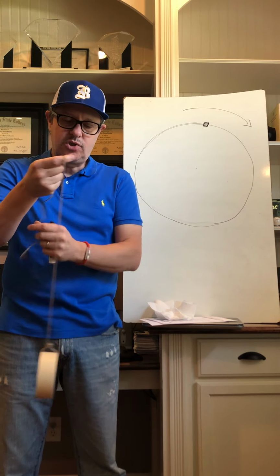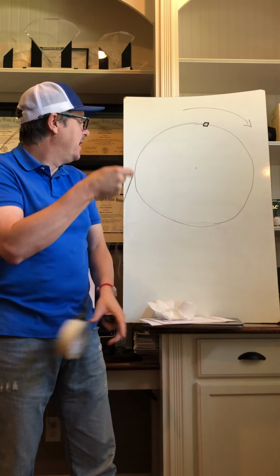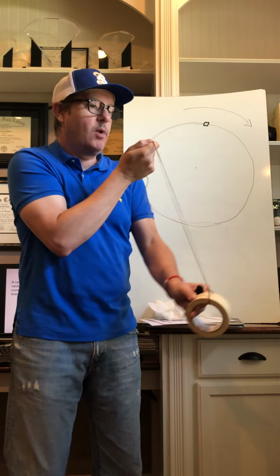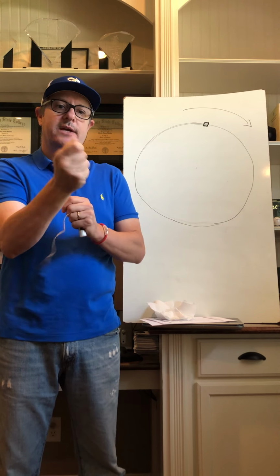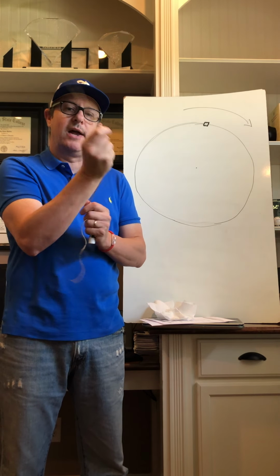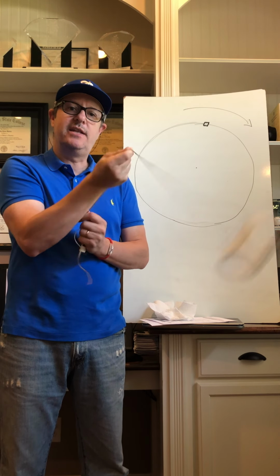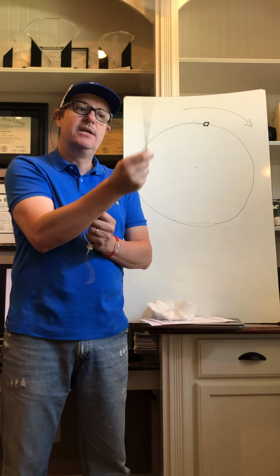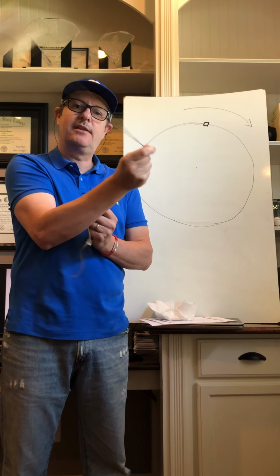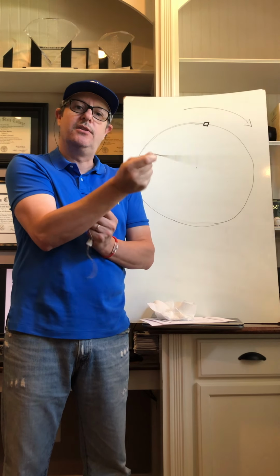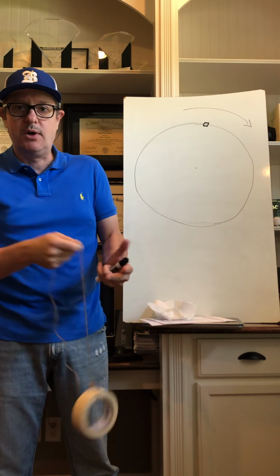So let's say you swung this around and we want to go clockwise, so we're going to go in this direction right here. So it's moving around and around in a circular path. Hopefully you can see that. It's not going too far out of the frame. It's going in a circular path, and I'm trying to make it go at pretty much a constant speed the whole way. That's uniform circular motion.